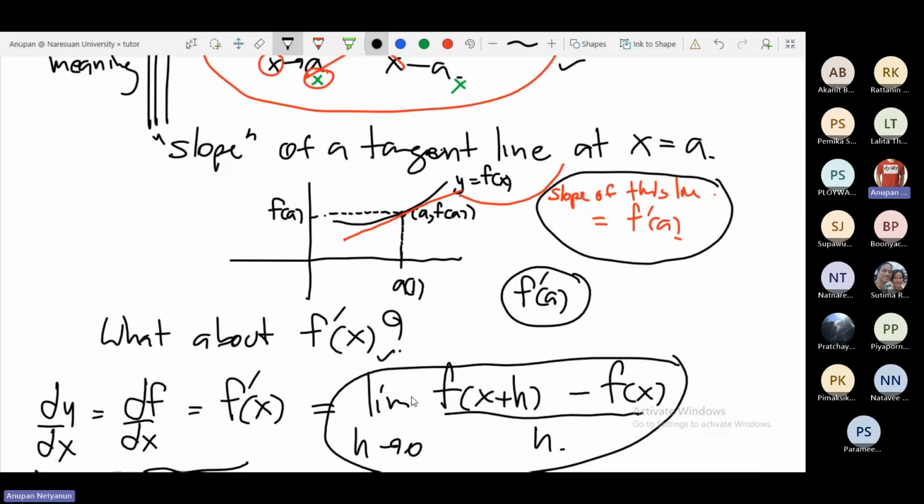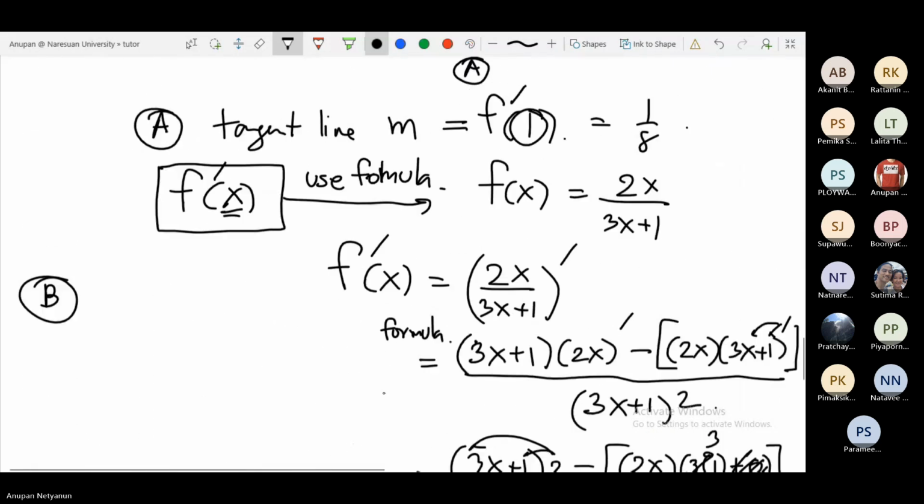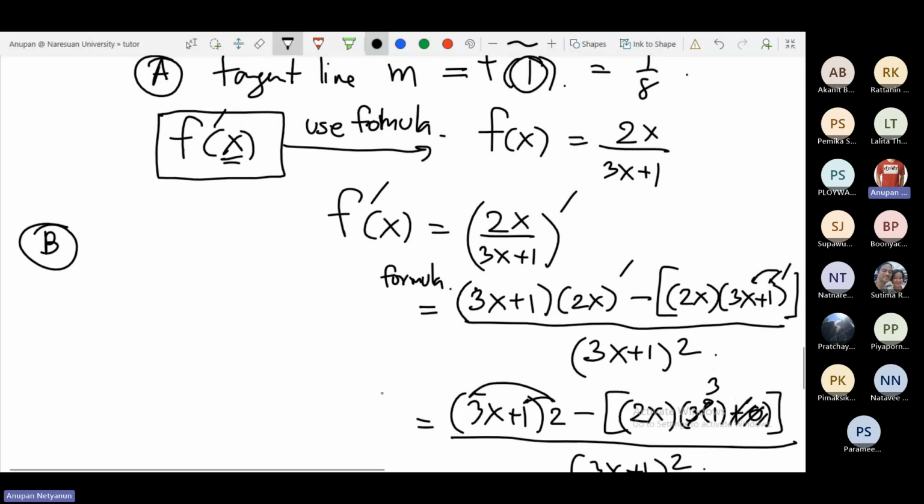That means we will use this point as the point that the tangent line passes through. So the x coordinate should be 1, and you put it into the function, so it should be f of 1. So your (x1, y1) is 1 and f of 1.